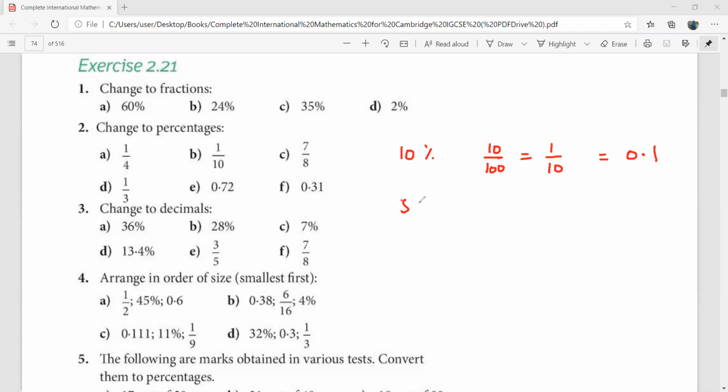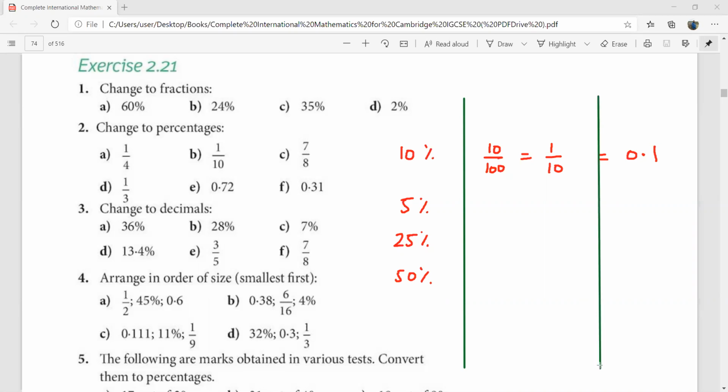Then you have 5%. 5% as a fraction, you have to write this. Then there is a very typically used 25%. Then you have 50%. Please quickly write them as a fraction and then as a decimal here. This is for the fraction part and this is for the decimal part.